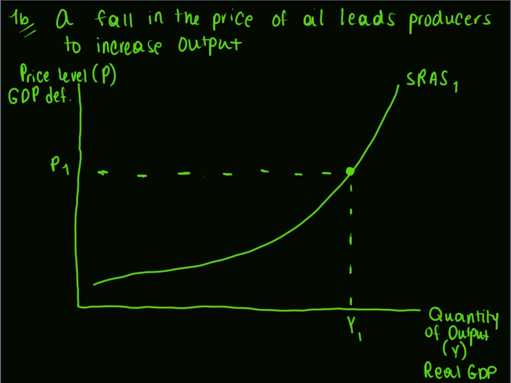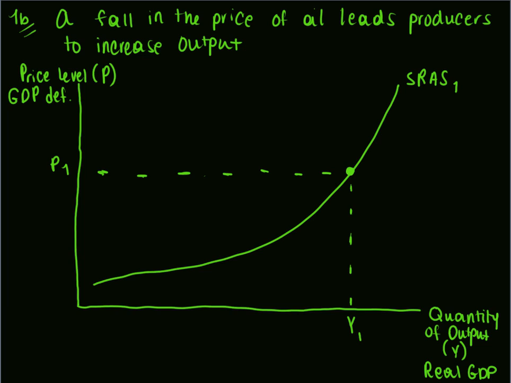In this problem, the reason why we've changed our supply is because of a fall in the price of oil. It is not because of a fall in the price level. And so I'm definitely in this case talking about a shift and not a movement.